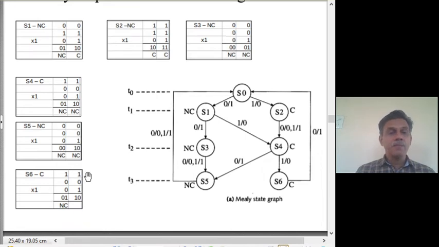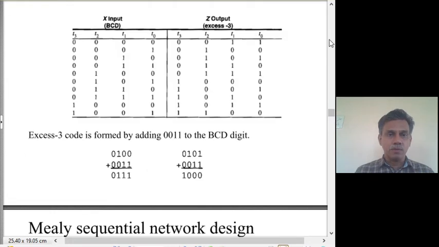I repeat, in the state S6, the bit that comes can never take a value 1, and therefore you will never have a case where a carry is produced after handling the last bit of a BCD. You can check that out because S6 corresponds to a case where there is a carry being produced.